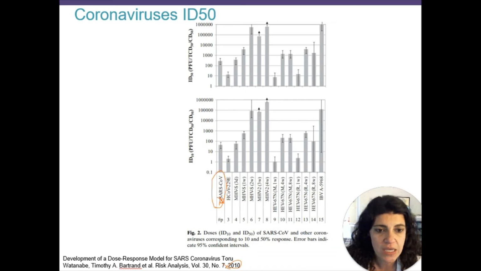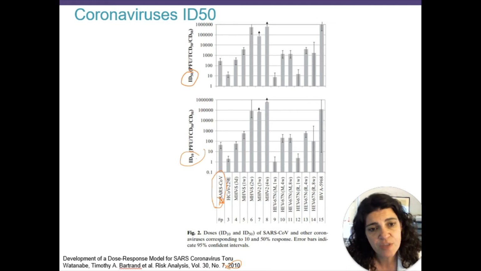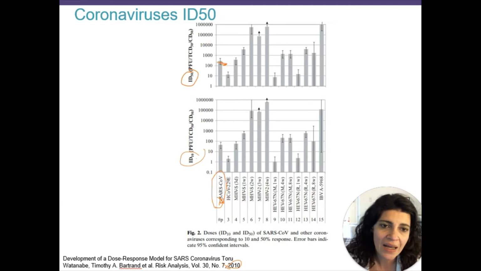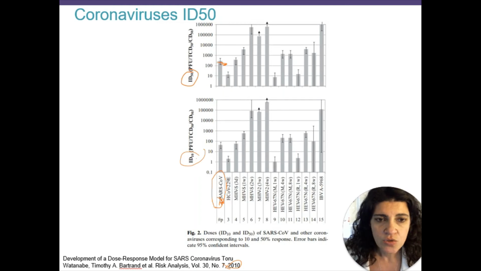And they were trying to see what is the infectious dose, the ID50, which is actually here, because this is ID10, it's 10% of the population. So to infect 50% of the population, look at that. But this is in mice, okay? You only need 100 or maybe 200 particles of SARS-CoV to make an animal sick. That is 200 particles per ml of secretion, I think, which is PFU, plaque forming units.